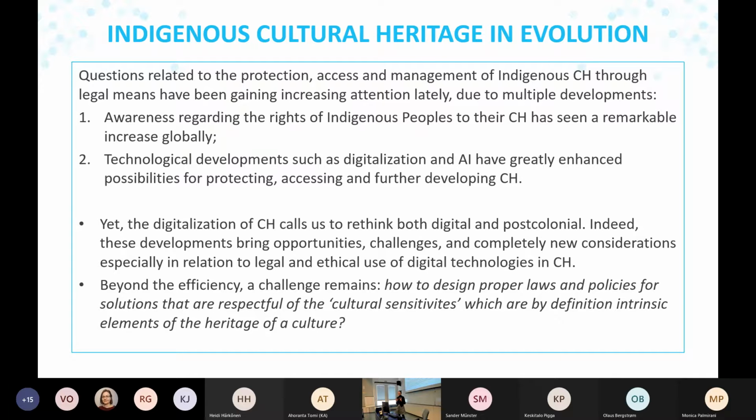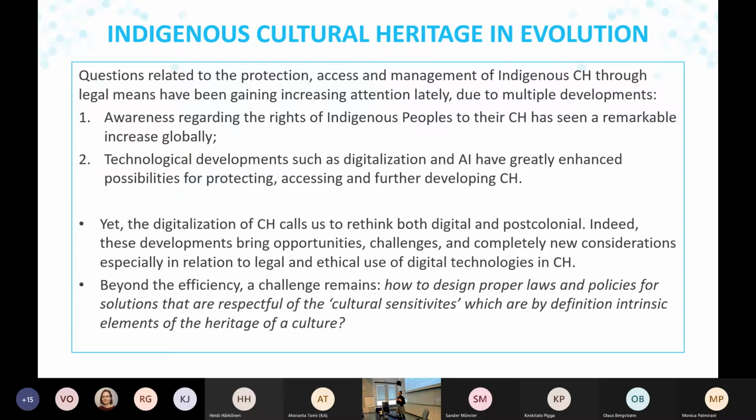Of course, we heard during the morning several presentations presenting a very nice and positive picture of digitalization in the context of cultural heritage. Especially, I think the presentation by Sander was very positive. However, let's not forget that digitalization also questions certain elements and asks us to take a step back and think very well both about the digital and about post-colonialism. And this applies very much in the context of indigenous cultural heritage.